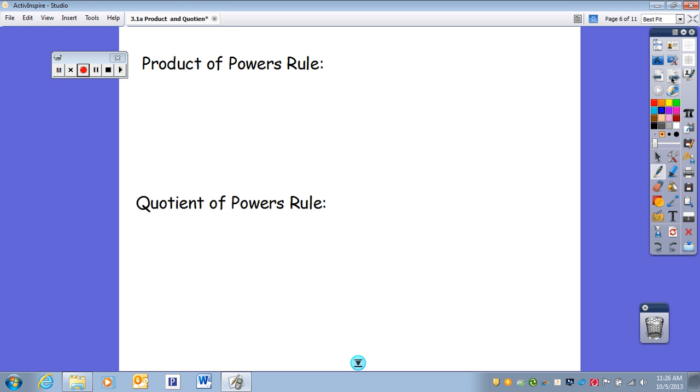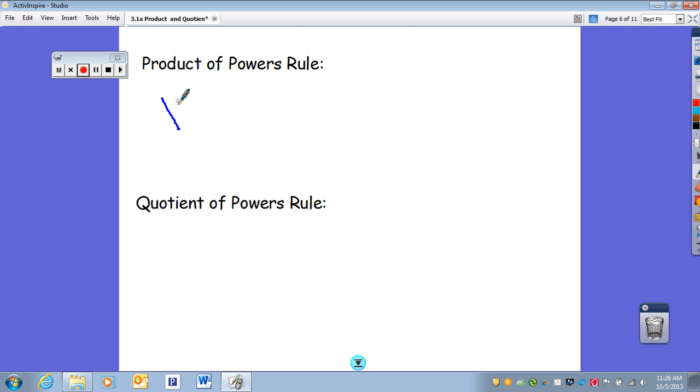So let's take a look at those two rules. The first one is the product of powers rule, and the product means you are multiplying. So if I have two things I'm multiplying together, let's put it in variable form. If I have x to the m power and x to the n power, where my base is the same, I can keep the base and add the exponents together as a shortcut.